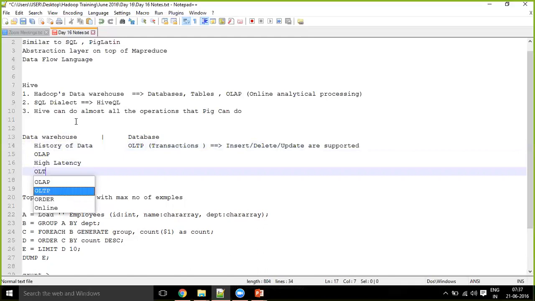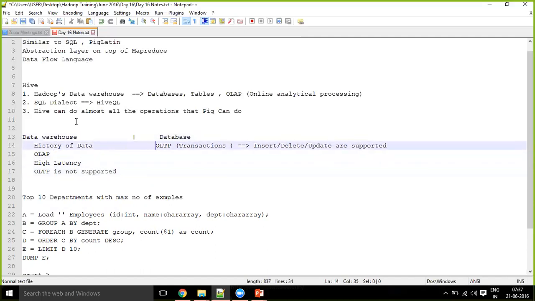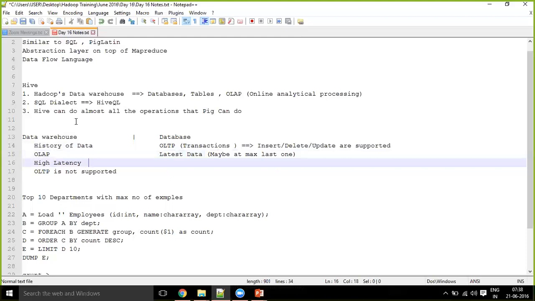Here, OLTP is not supported. Let me explain more about this. In a database we store only the latest data, maybe at max the last 1 month or so, and it has low latency compared to the warehouse.